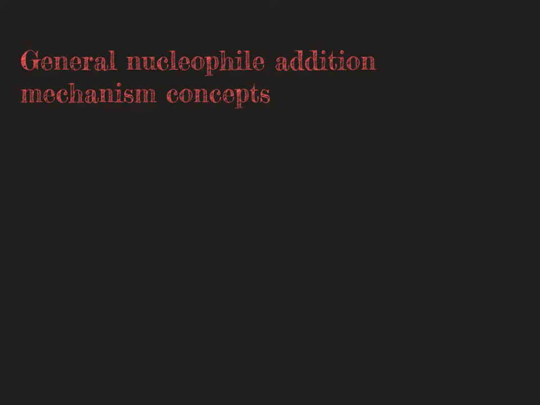So before we go into each of those reactions in great detail, I want to give you some of the general mechanism concepts that you want to consider whenever you're doing any of these nucleophilic addition reactions. So first thing to think about, we're going to always be starting with a carbonyl, whether it's a ketone or an aldehyde. Now remember, these carbonyls do have resonance structures.